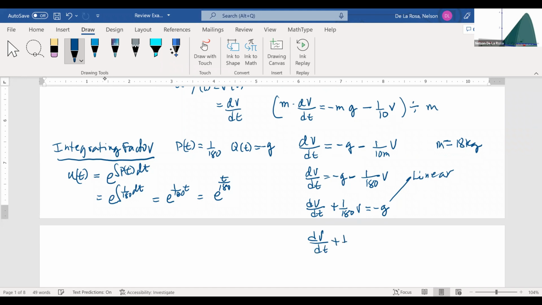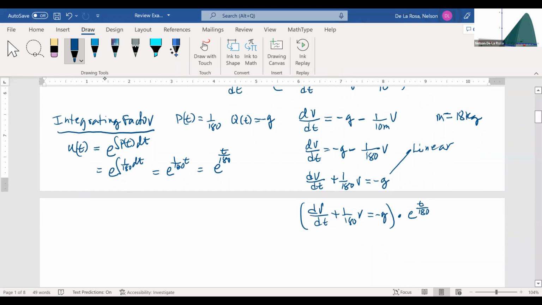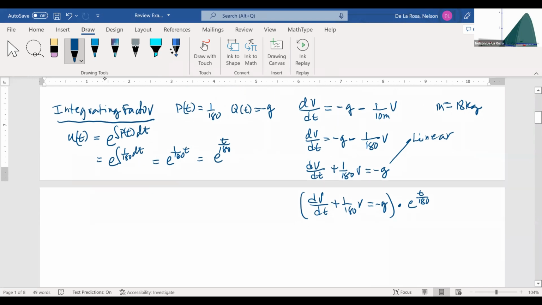This is our linear equation, and then we now multiply by that integrating factor we found, which is e to the t divided by 180, and then that's going to produce e to t over 180 dv dt plus 1 over 180 e to t over 180 v equals negative g e to t over 180.